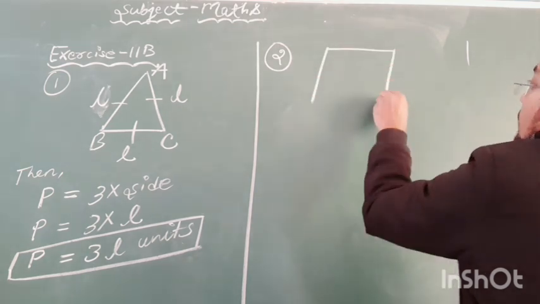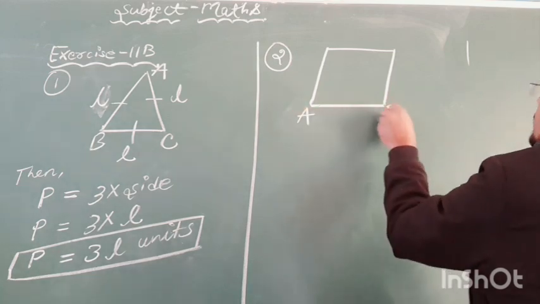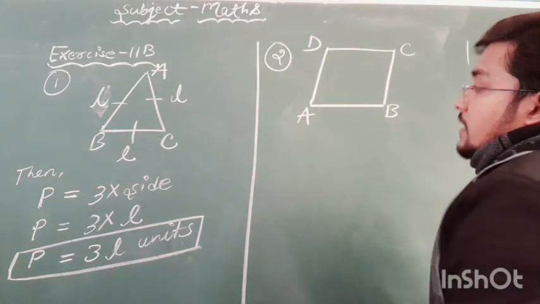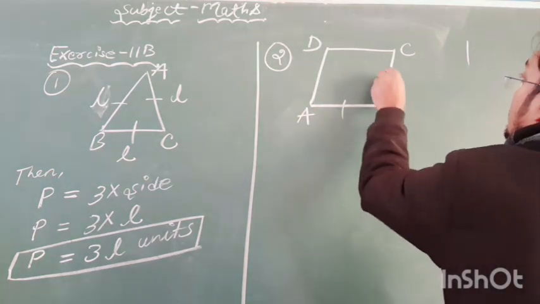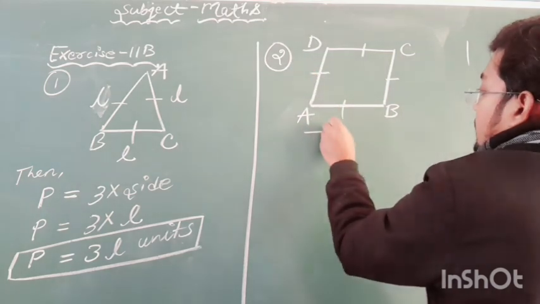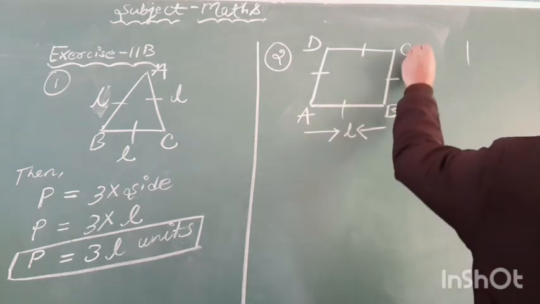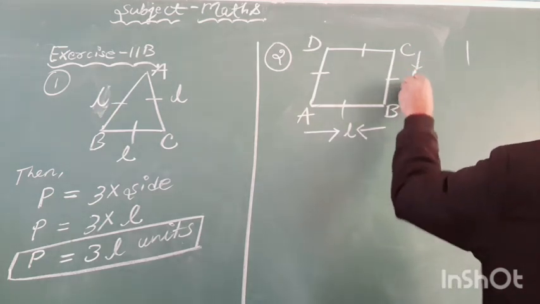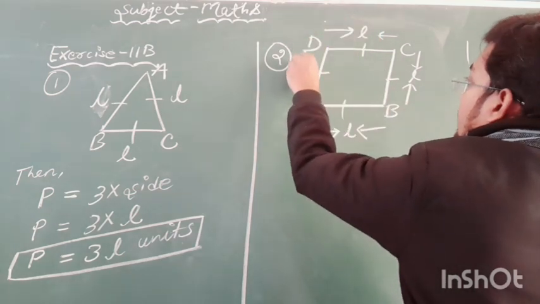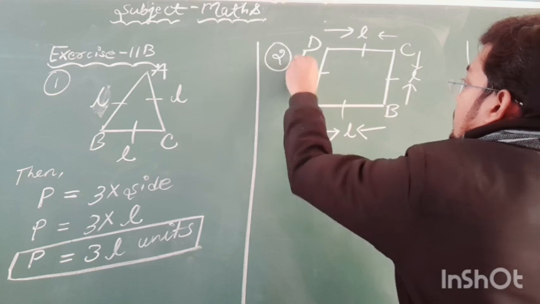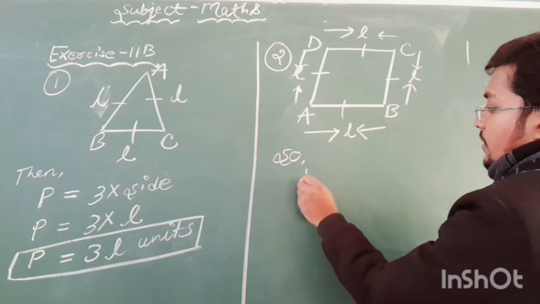So suppose A, B, C, D are the vertices of the rhombus, and since all sides of a rhombus are equal and the side of the rhombus is given, which is L, then BC is also L, CD is also L, and DA is also L.